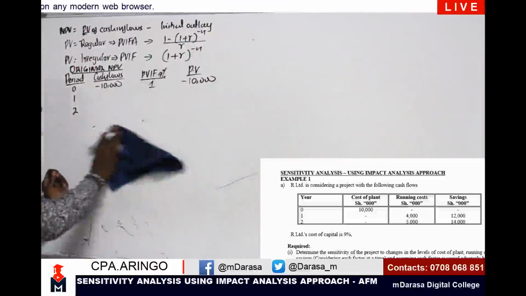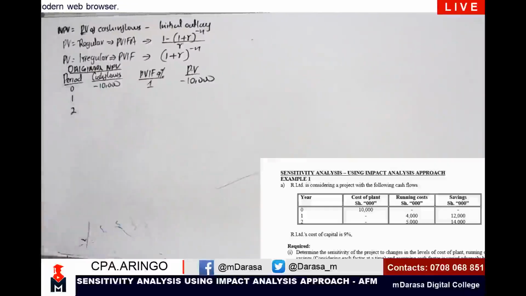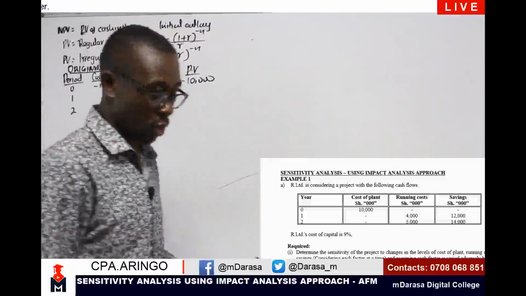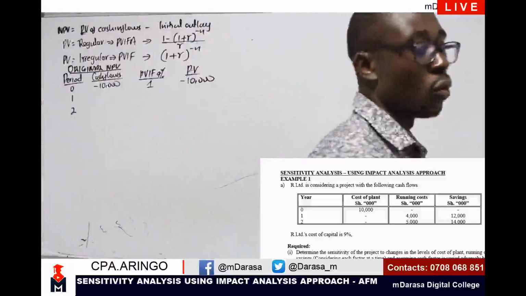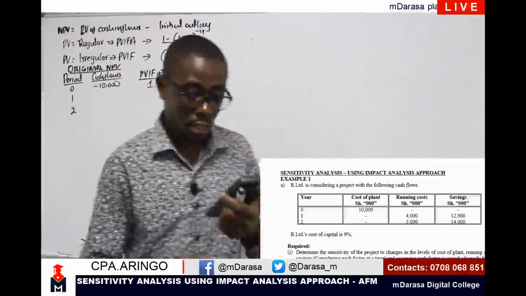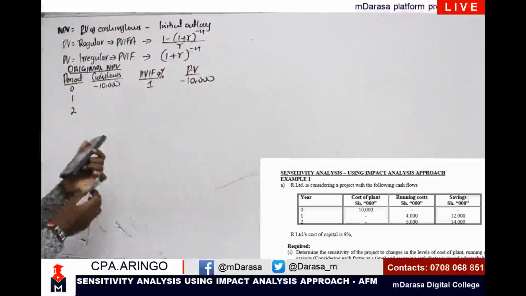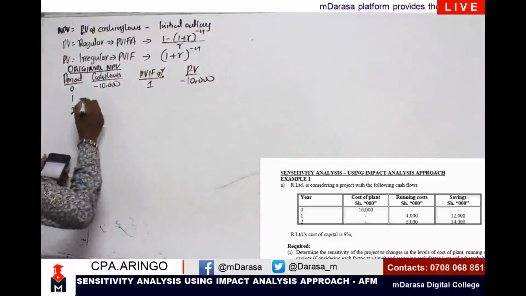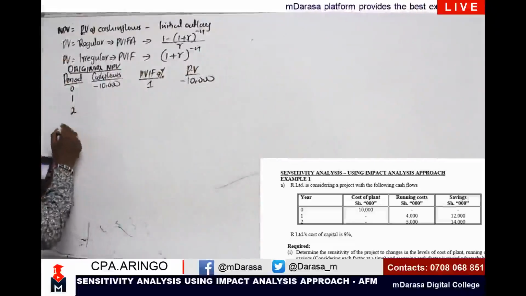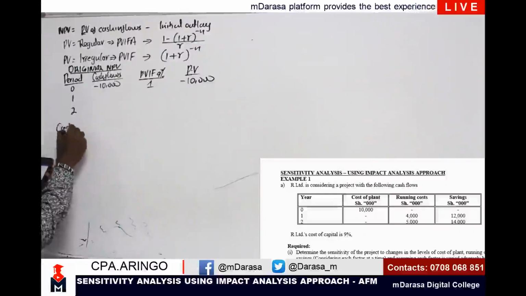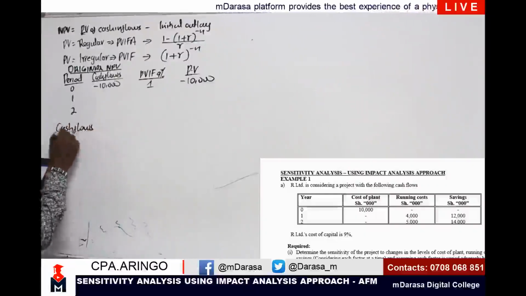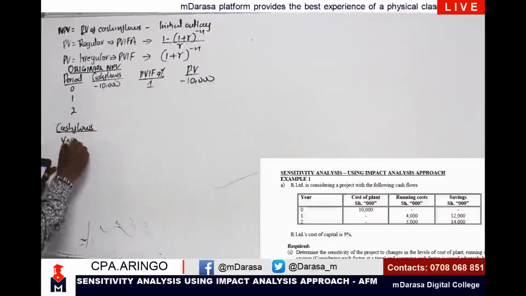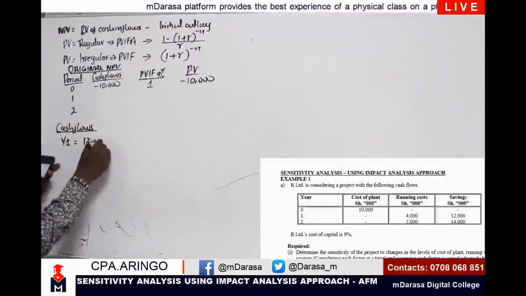Come to the first year. What will be our cash inflow in the first year? What was our saving in the first year? We had 12 million, right? So whatever you want to do is to determine our cash flows in these years. In year 1, our saving is 12 million.